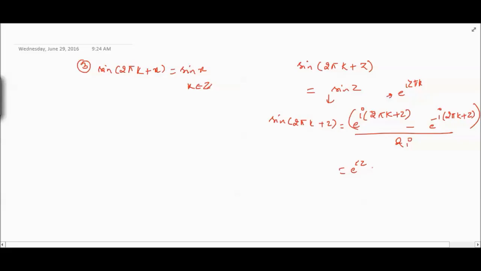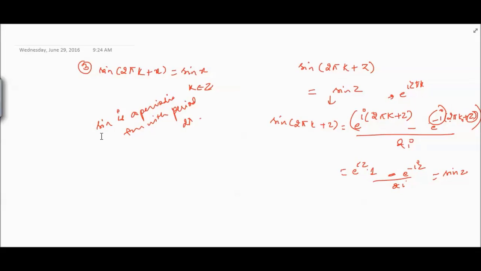Similarly here, we have e^{-iz} into e^{-i 2 pi k}, that is again 1 from the last video. So this is equal to sin z. So we have proved that sine in the case of complex numbers, when you treat it as a function from C to C, is a periodic function with period 2 pi.